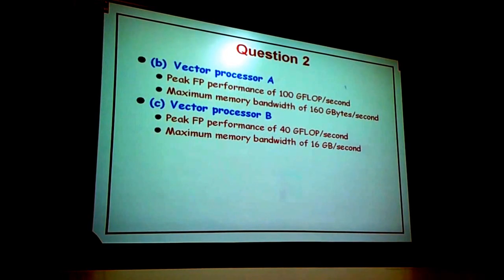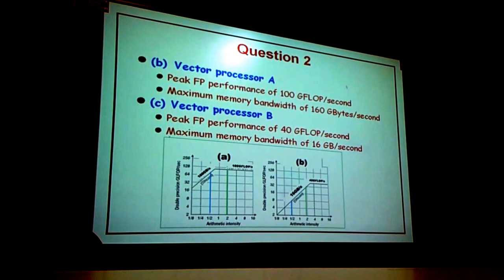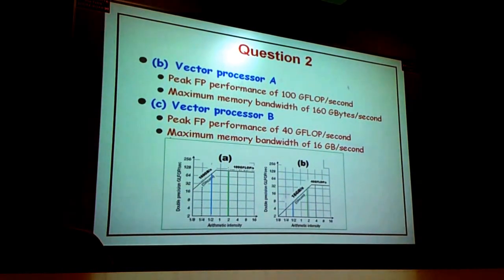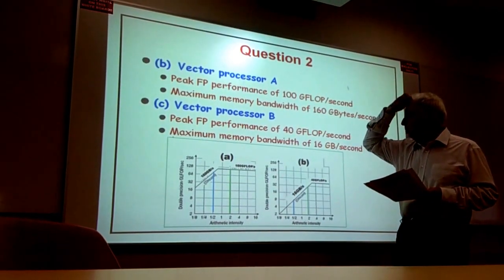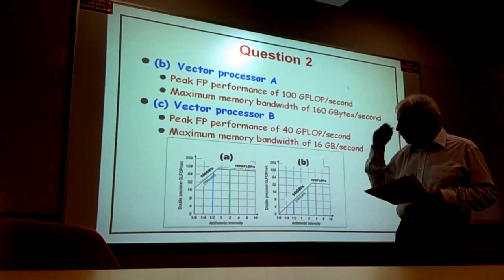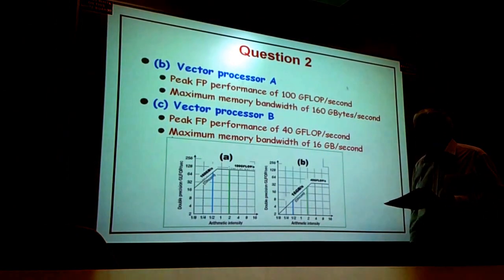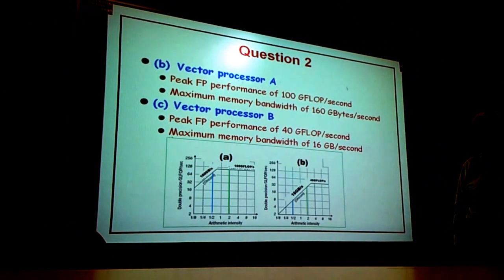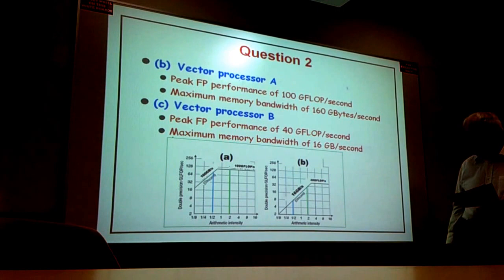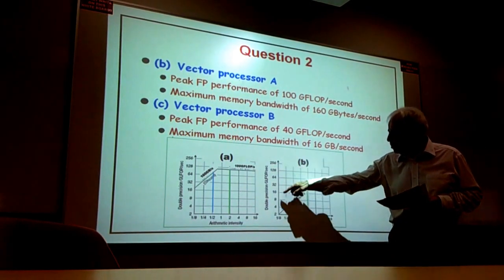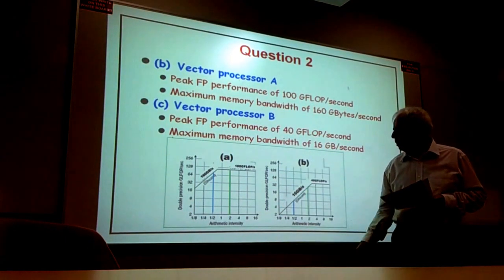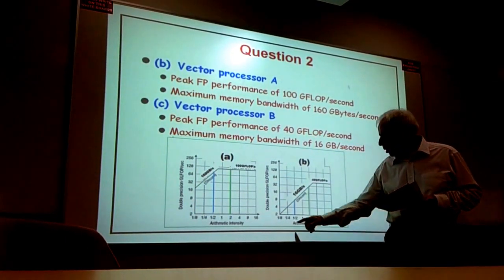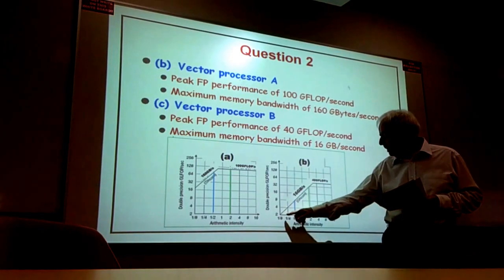So we can draw the diagram for this. The diagram on the left relates to the first vector processor, and the diagram on the right relates to the second vector processor. On the y-axis, we have the performance in terms of gigaflops per second, and on the x-axis, we have the arithmetic intensity.